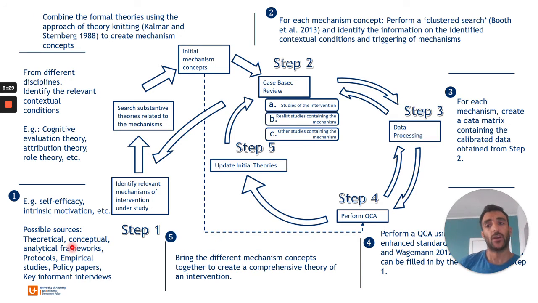And we look at, okay, what are the mechanisms here that are relevant for this intervention, that will probably be triggered by this intervention. Then we look in different disciplines, and we look for different contextual conditions, looking at different theories from those different research, substantive theories related to the mechanisms. And we combine these formal theories using theory knitting to create mechanism concepts.